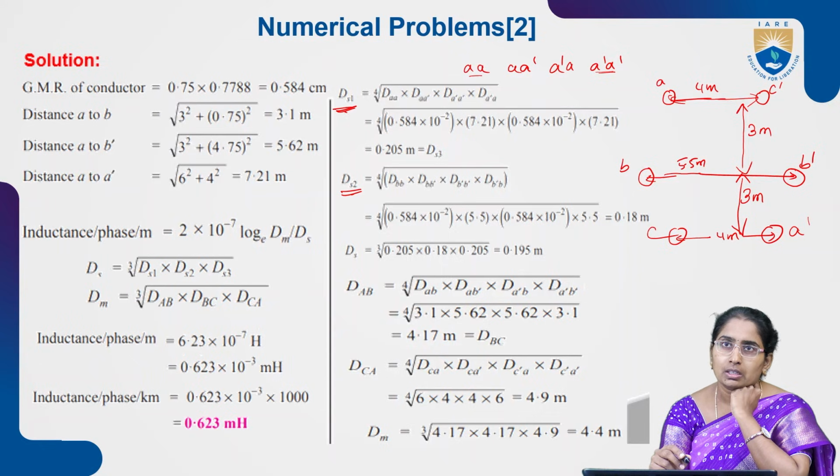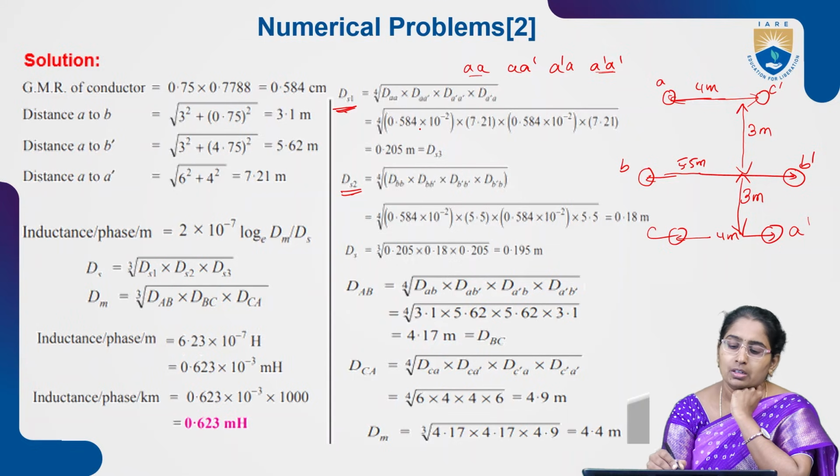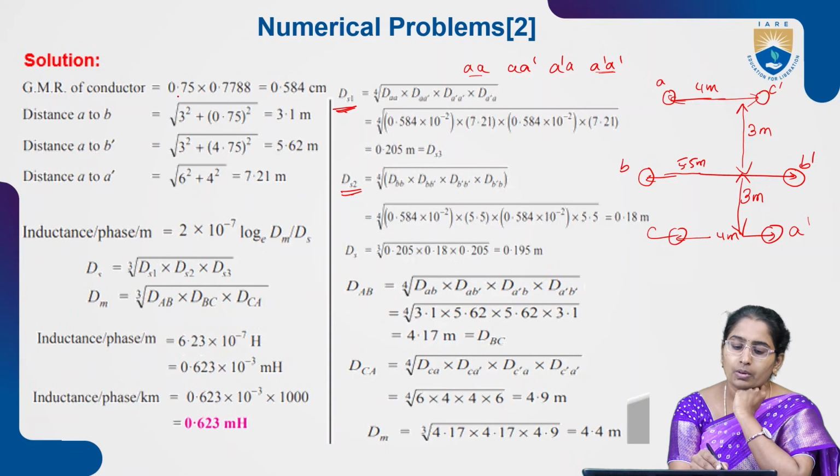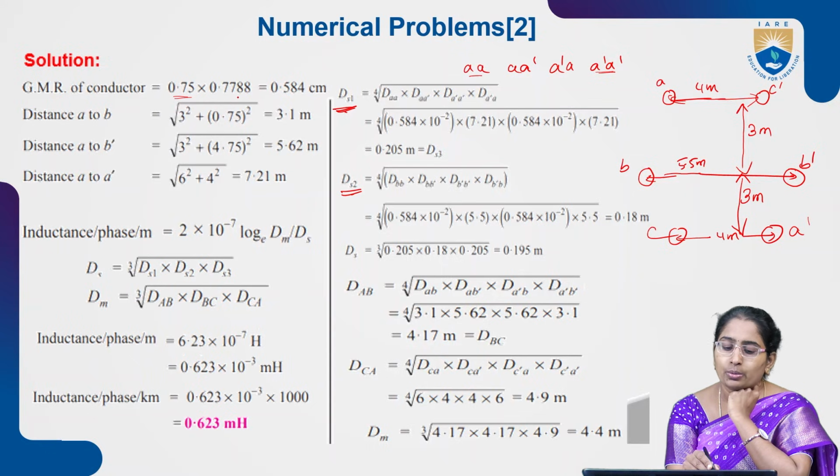So in inductance calculation, not simply the radius, we take 0.7788 times r. What is the radius given? It's given as 0.75 centimeters. So a is 0.75 into 0.7788, which gives 0.58 centimeters, that is, substituting in meters, 10 power minus 2.